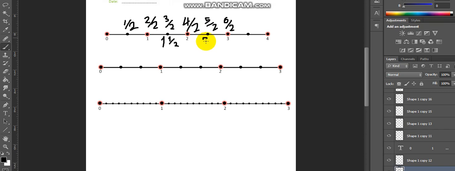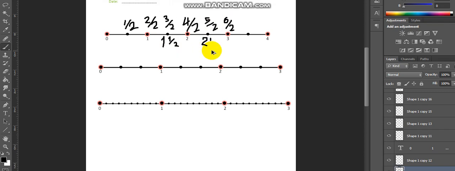So I would say 2 1/2. The value of these fractions here and here is the same. They are simply written in a different way. They are, however, the same. I would say that 3/2 is equal to 1 1/2, or 5/2 is equal to 2 1/2.